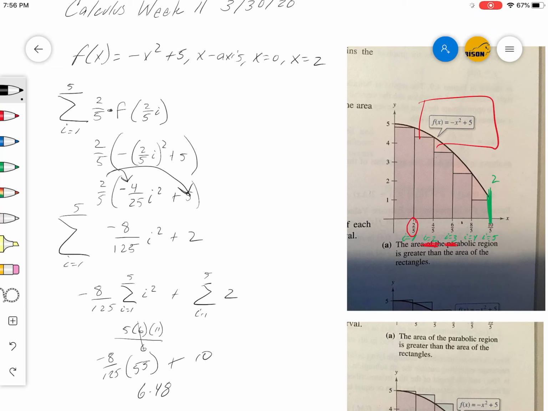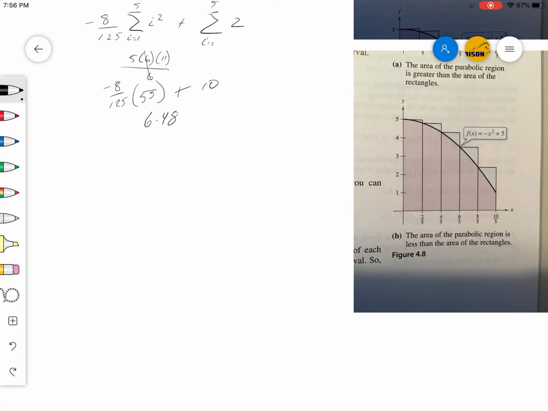Now, that's not the actual area, because let's go down here to my second picture. In my second picture, if you notice, the rectangles are set up differently. Look at my top picture for just a second. The way these are set up, we go from the right edge of every rectangle up until it touches the arc and then cuts back over to the next spot.